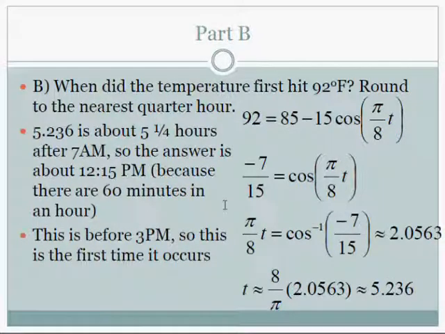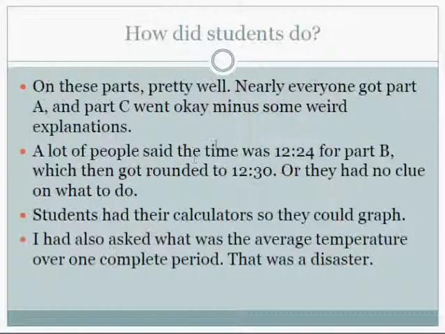Well, if you've got 5.23 or 5.24 hours, a lot of students were like, okay, 5 hours would be 12 o'clock, and then 24 minutes afterwards, because that's 0.24 hours, totally forgetting that there are 60 minutes in an hour. It's okay. It happens sometimes. I wasn't too mean on that.